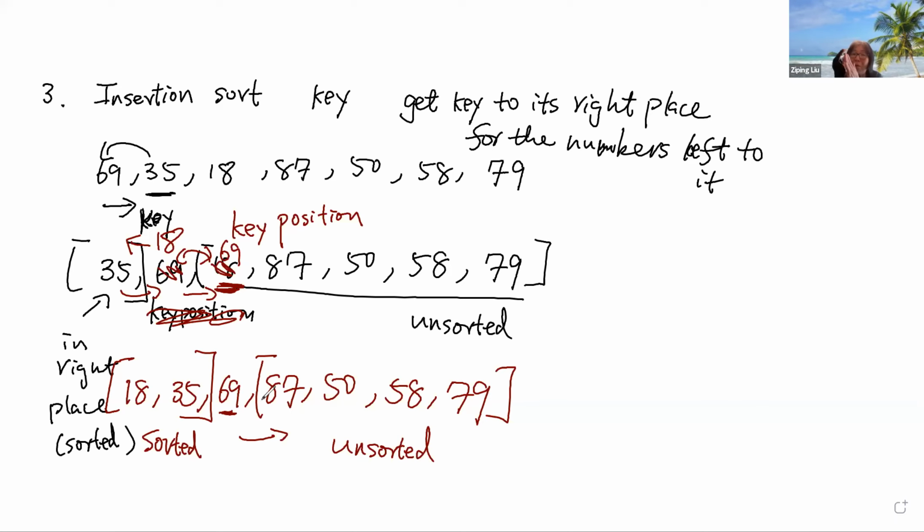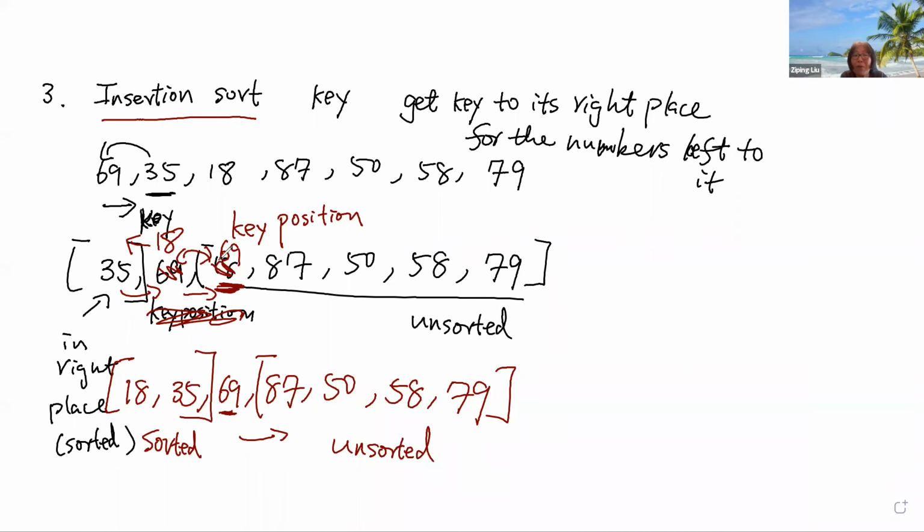You keep doing this until the last one is the current key. Then there is nothing to its right, and all of its left is already sorted. So every number is in its right location. This concept is called insertion sort.